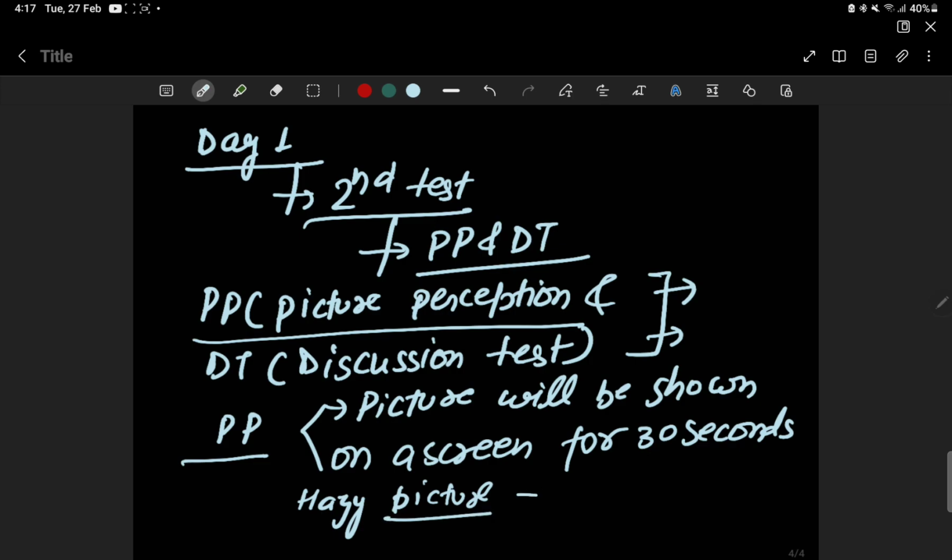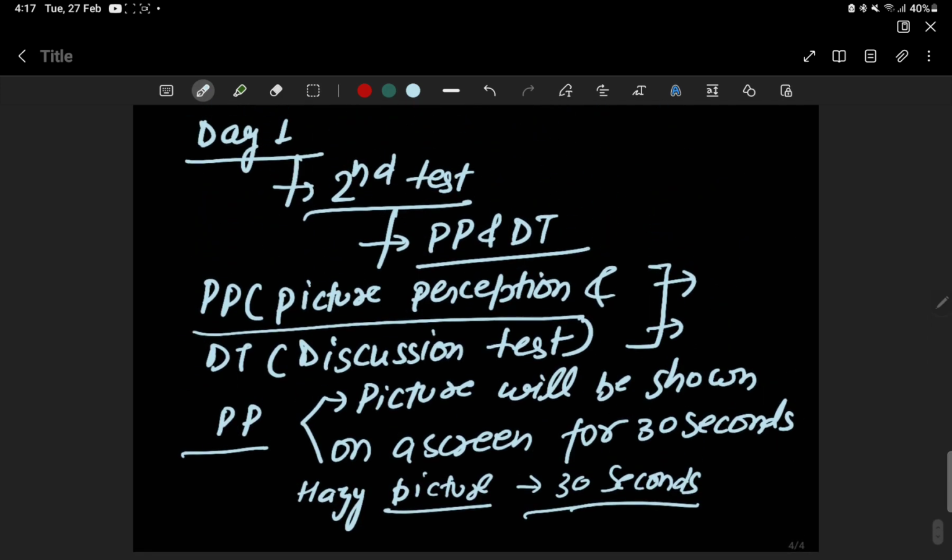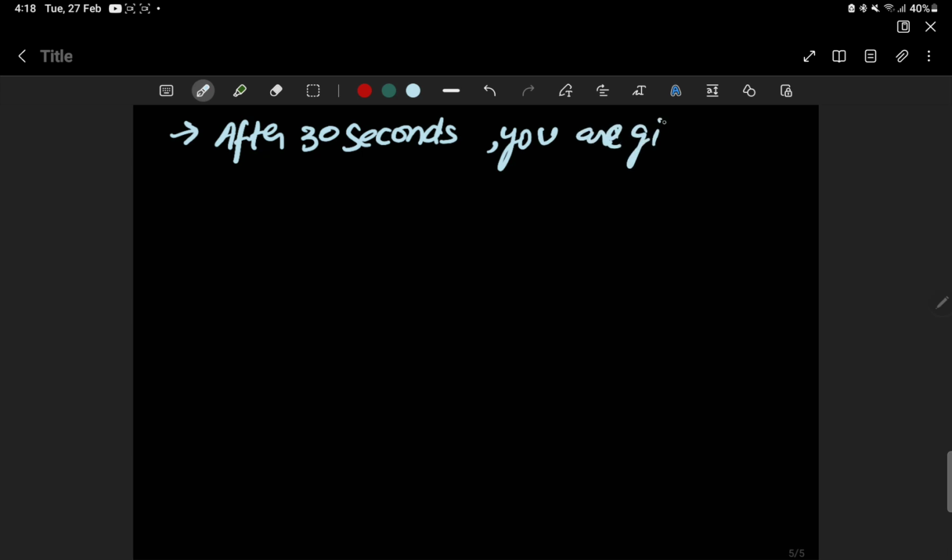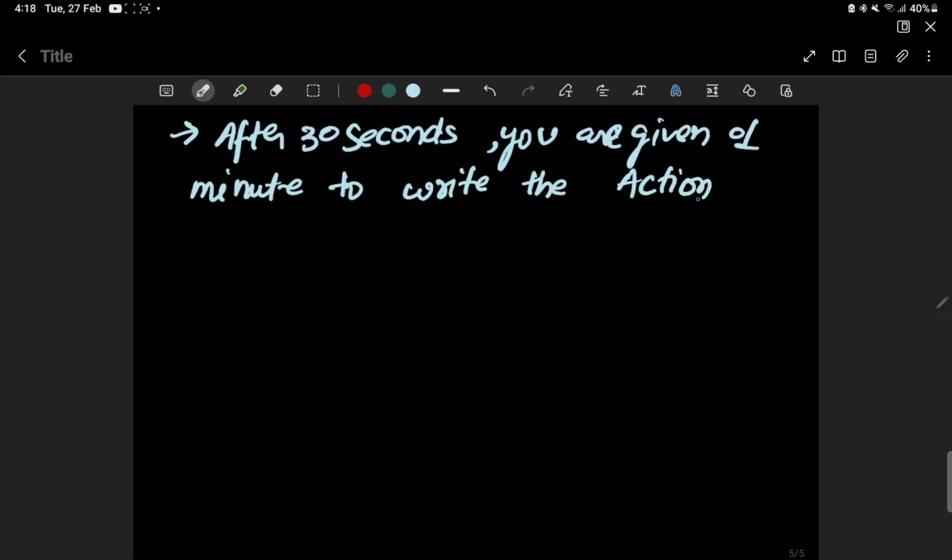After 30 seconds the picture gets removed from the screen, and then you are given 1 minute to write the action.